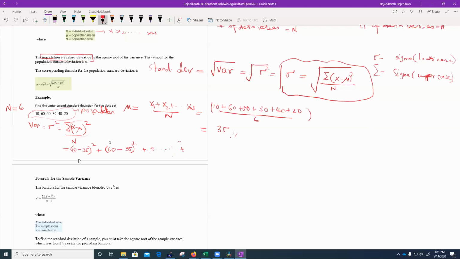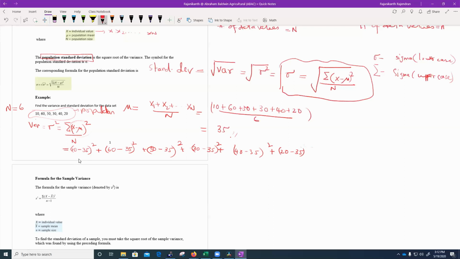You do this for all six. The next is 30, subtract 35, then square. Then the next one, 40, subtract 35, then square. And the last data value is 20, subtract 35, and square. Then this is my summation, right?